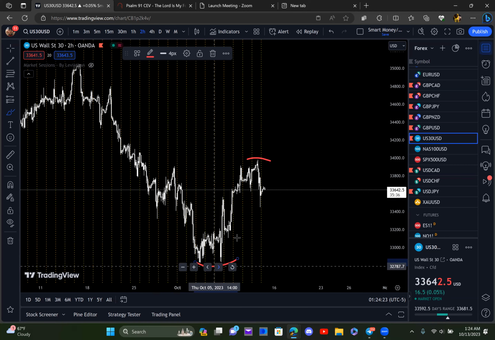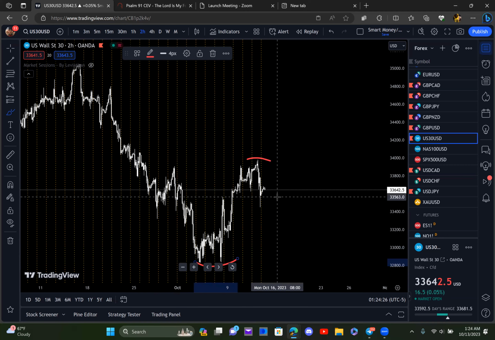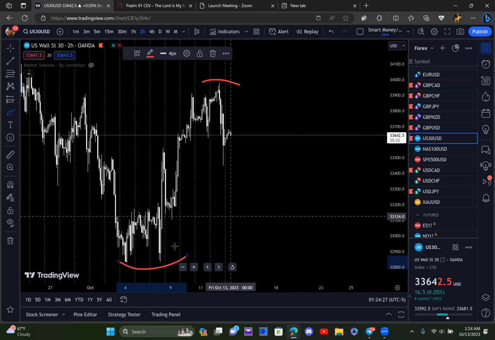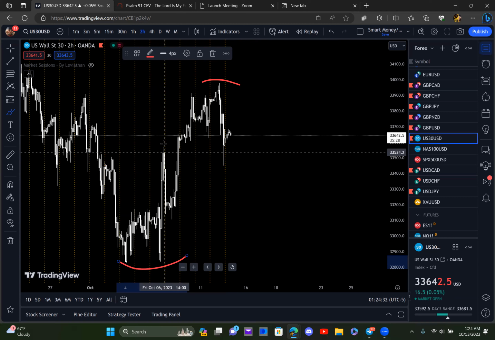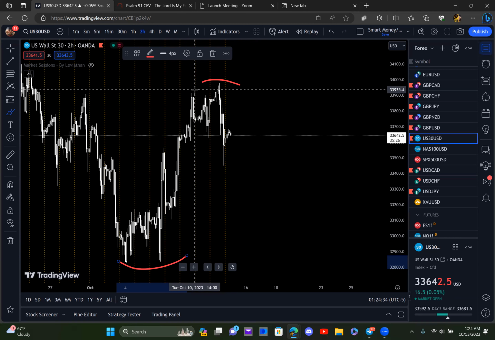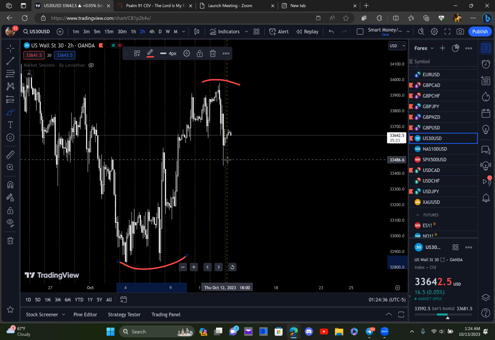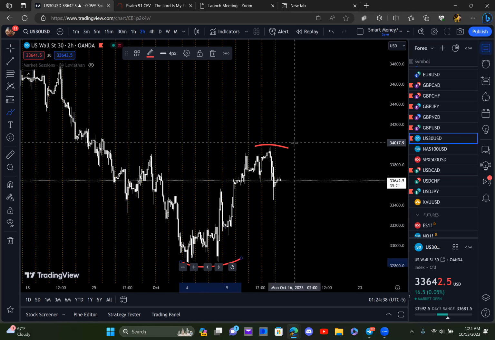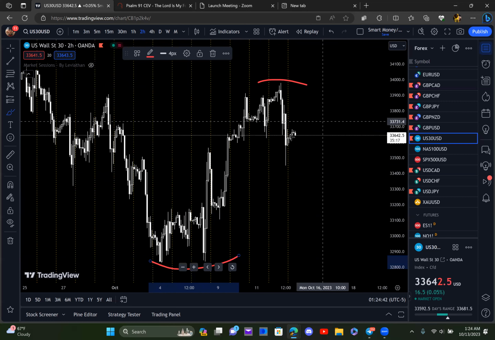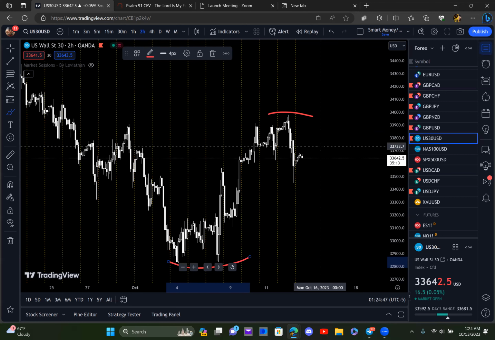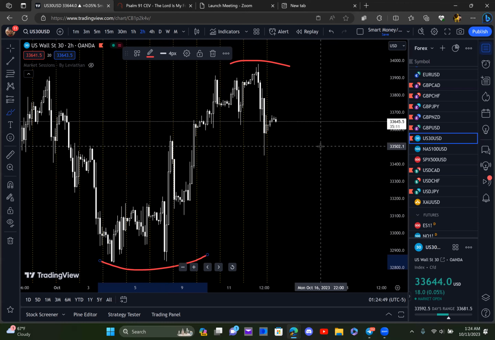Notice how price goes up. We make higher high, higher low, higher high, higher low. That's market structure. I want y'all to keep this in mind: price will always move from one liquidity area to the next.